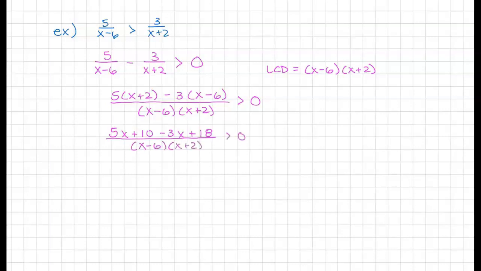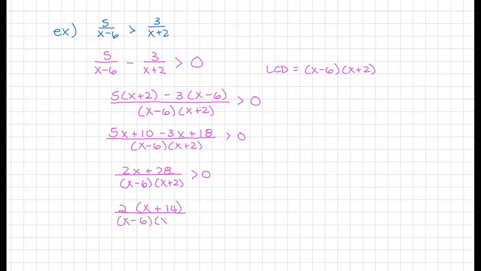And then 5x minus 3x is 2x. 10 plus 18 is 28. And then I can factor that numerator. I can factor out a 2. And so I have this.